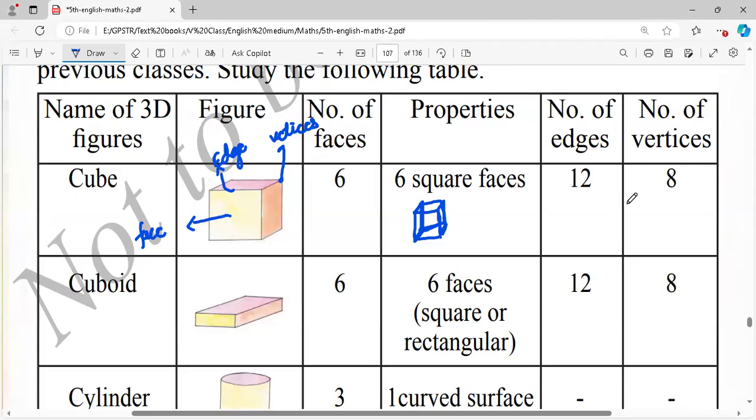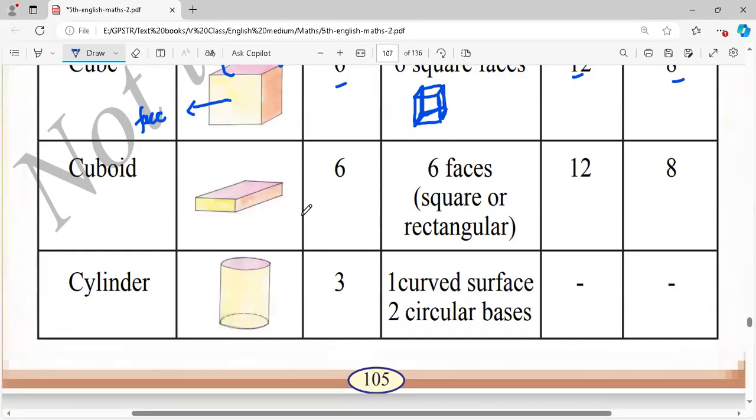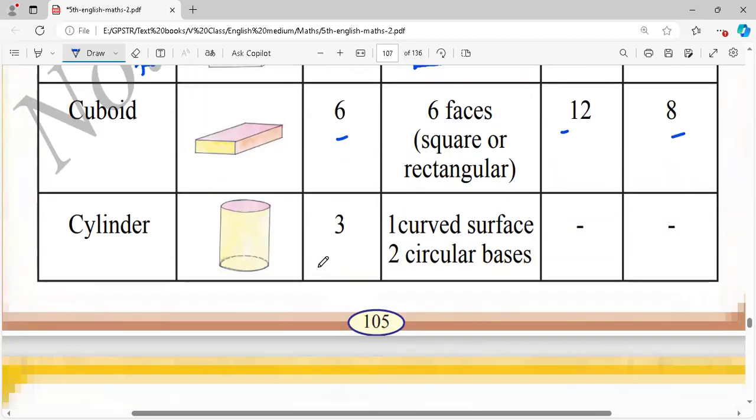There are 8 vertices, 12 edges and 6 faces in a cube. Next, cuboid. This is a cuboid. A cuboid also has 6 faces, 12 edges, 8 vertices.